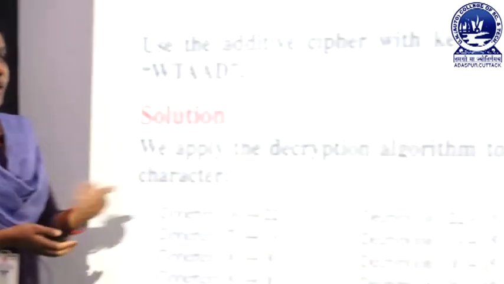That is why from 22 we subtract the 15 and find out the mod 26. What is the result? That is 07, which corresponding alphabet value is H. Next ciphertext is T, which numeric value is 19, from which we have to subtract 15, that is the key value, and find out the mod 26, we get the 04, which corresponding alphabet is E.